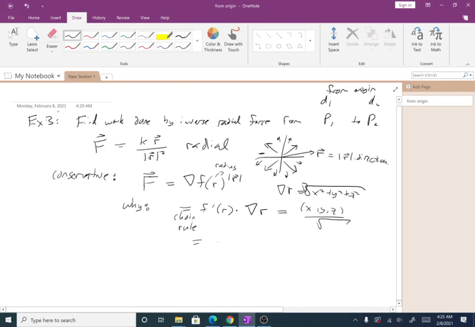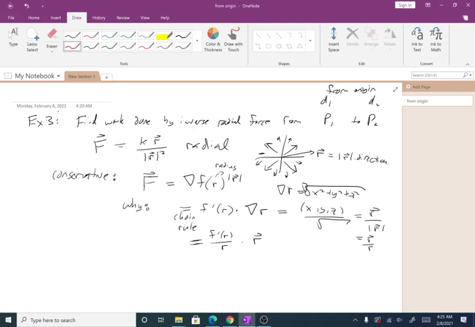So in other words, we get the position vector r divided by little r. So overall, we get f prime of r divided by r times the position vector.